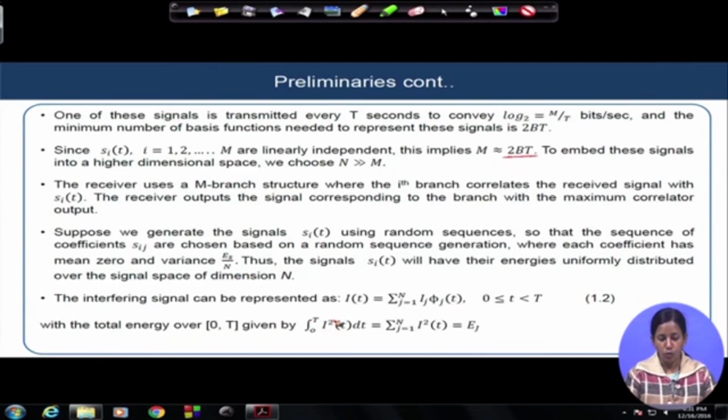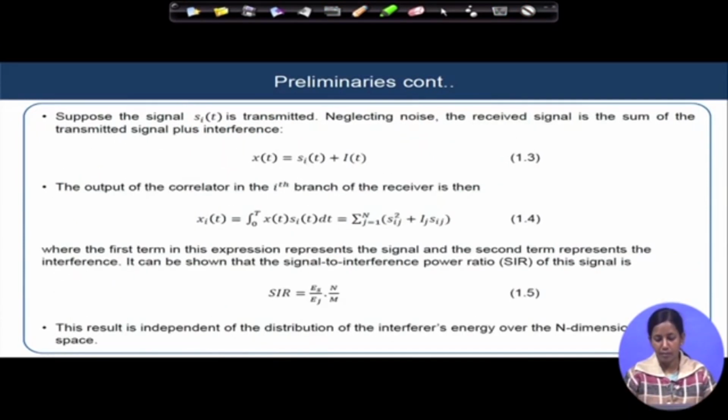And now the interfering signal can also be written in terms of the same orthonormal basis functions over the n-dimensional space. The total energy we are interested in is only over the duration of the interference, which has a duration of 0 to capital T. So the energy can be easily obtained by this expression, where we define the energy as Ej.